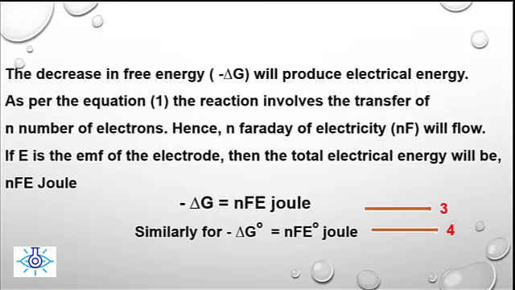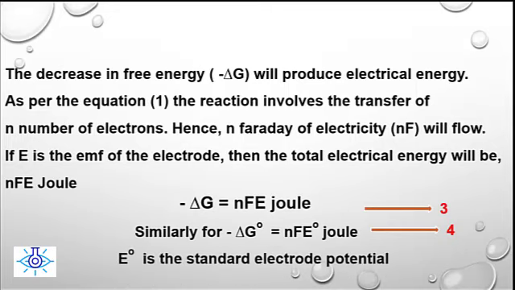Similarly, -ΔG0 = nFE0 joules. Here, E0 is the standard electrode potential, which means it is the EMF obtained in standard conditions like standard temperature of 25 degrees Celsius or 298 Kelvin and standard 1 atmospheric pressure.